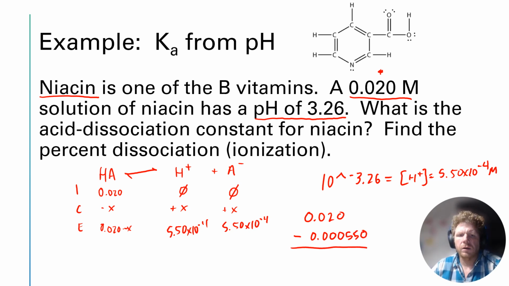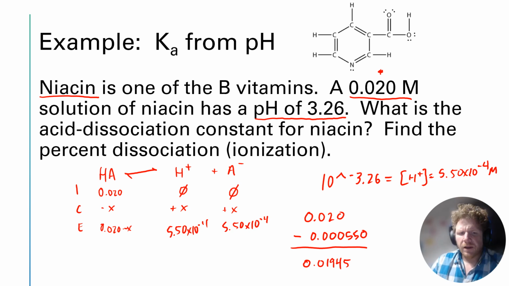I can plug that into my calculator as well, and I can figure out that 0.02 minus 0.000550 is 0.01945. So that's my HA concentration.